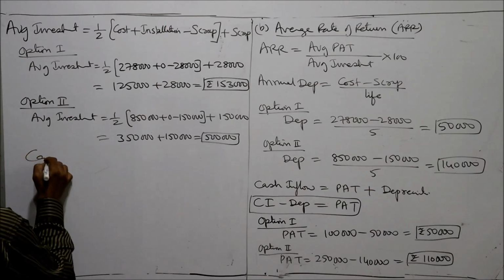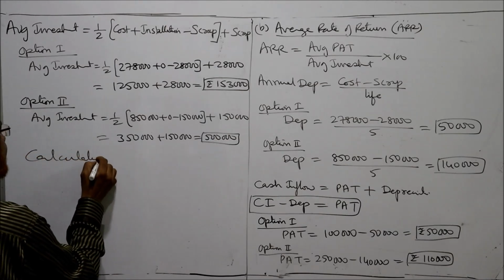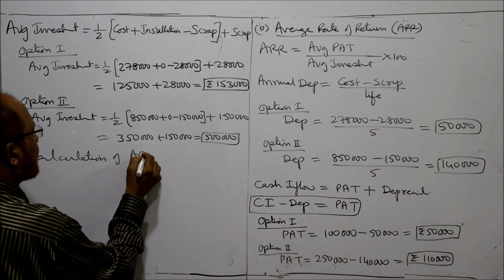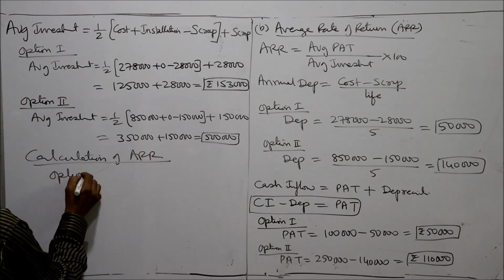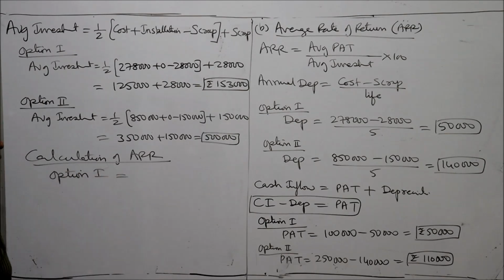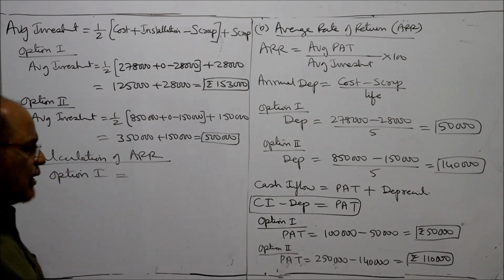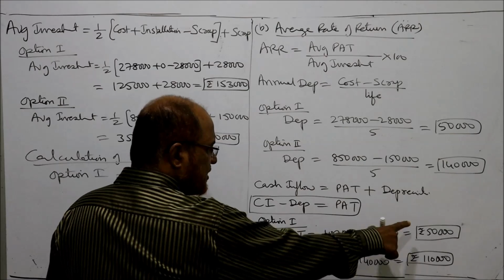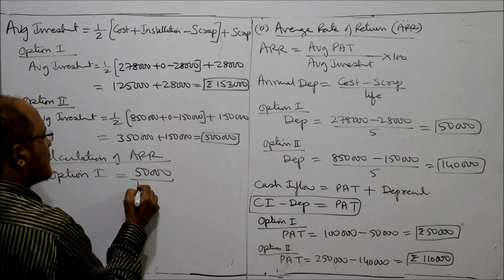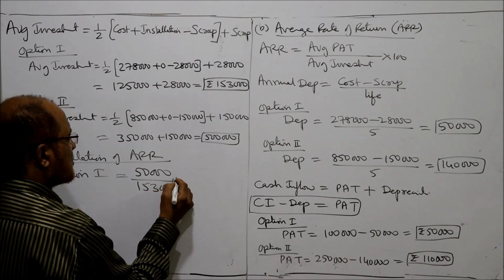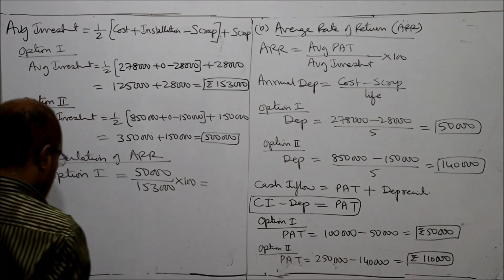Now calculation of ARR. Option 1. Average PAT. The annual PAT is remaining same. How much is the annual PAT? 50,000. Average investment is 1,53,000 into 100.